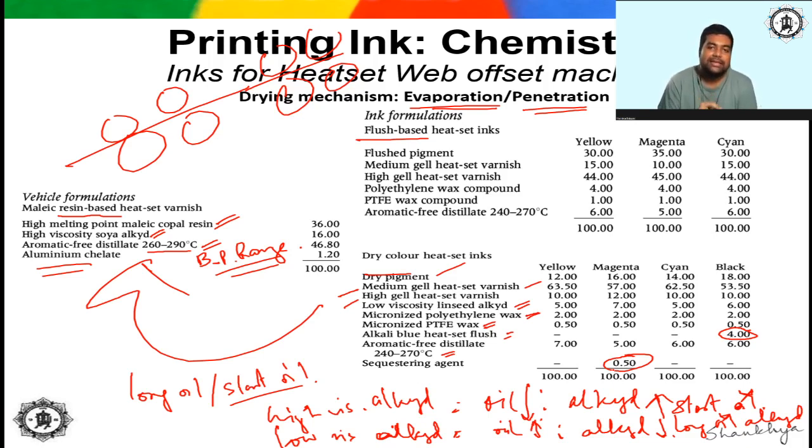What happens is the calcium components or these metals that are present within this magenta ink, after a very long period of time, the metering rollers present in the magenta printing unit, which are made out of rubber itself, the pores of that rubber surface start to get filled with these metals, and it becomes very much glazed. That means it cannot hold the ink properly. What is the purpose of a metering roller?